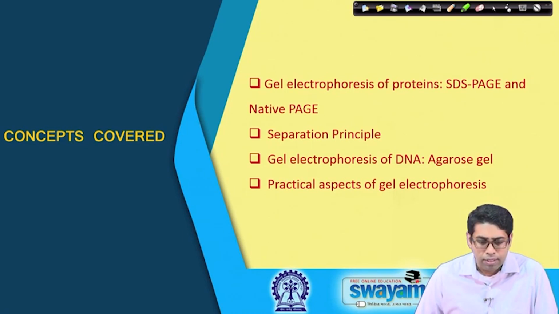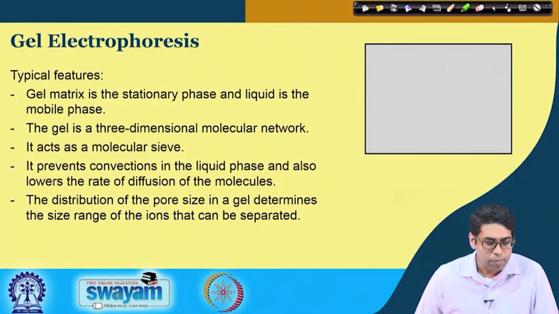For polyacrylamide gel electrophoresis we will see two applications, one under denaturing condition, SDS-PAGE, and the other one native PAGE, and we will talk about the separation principles, how these macromolecules are separated in gel electrophoresis, and also I will try to talk about some of the practical aspects of this technique.